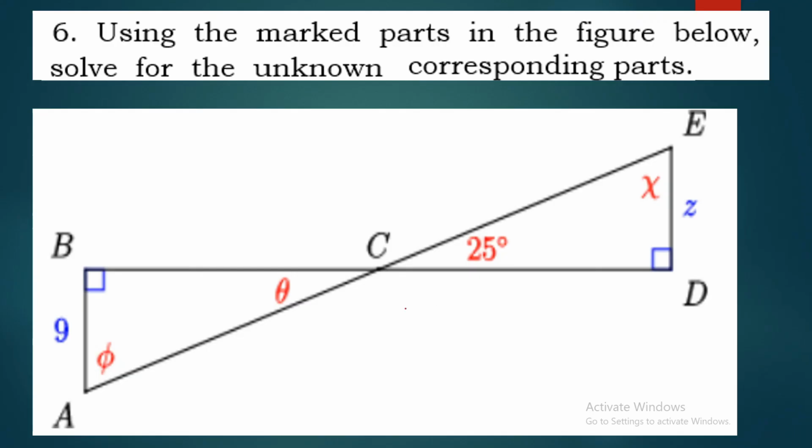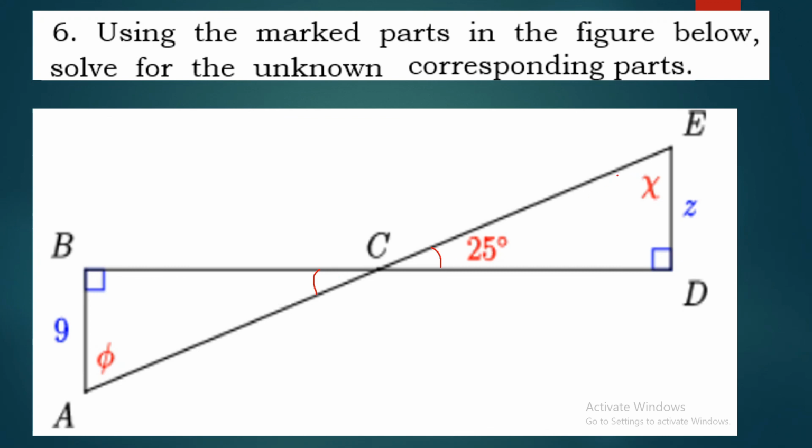First, we can easily determine the value of theta, that is equal to the measurement of this angle with measure 25 degrees, because take note, they are vertical angles, and vertical angles are congruent.